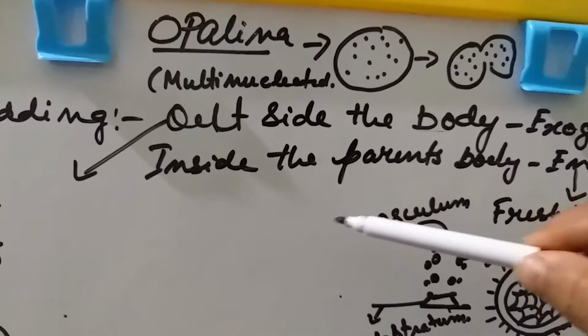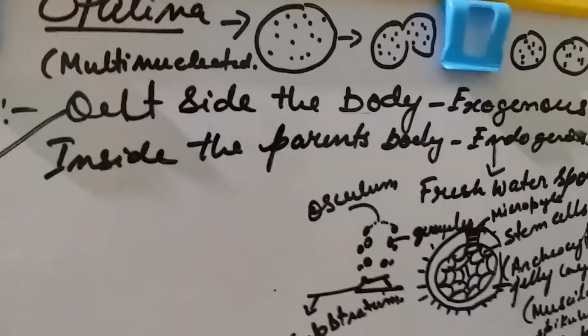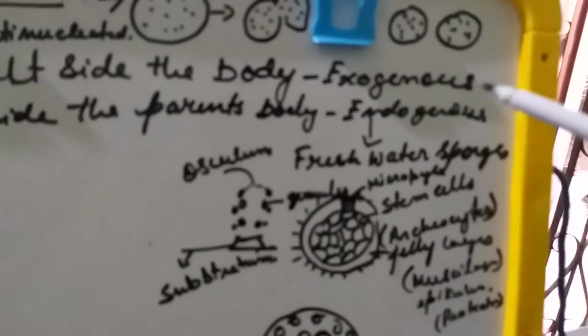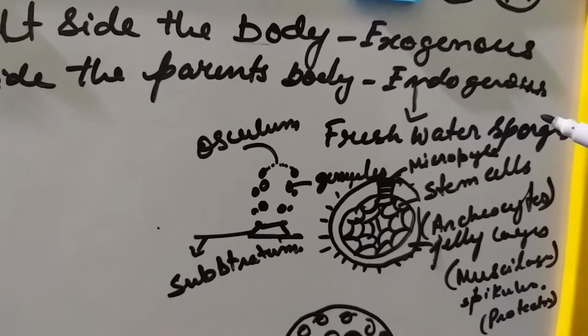Now the next is the bud formed inside the parent body, that is known as an endogenous bud, and this type of asexual reproduction is found in freshwater sponges.